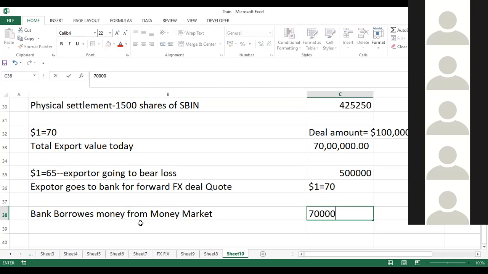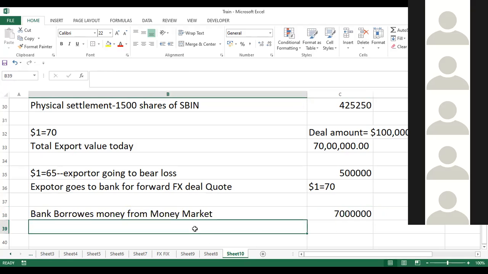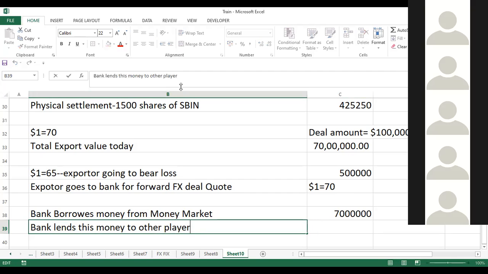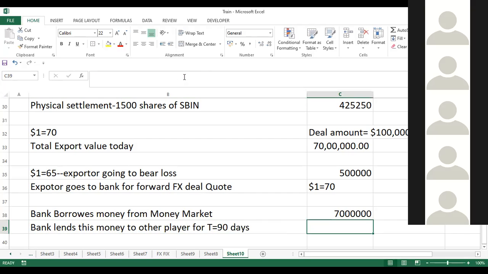So they will take 70 lakh rupees, and the bank lends this money to some other player for time equal to 90 days, or 3 months, you can say.